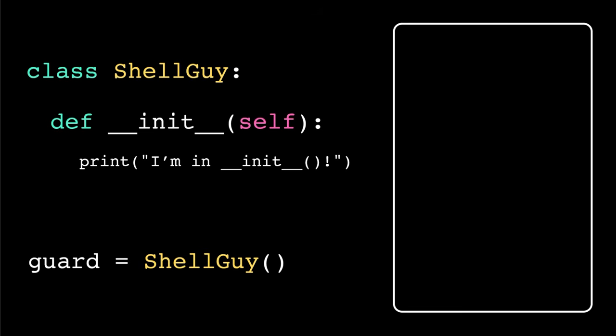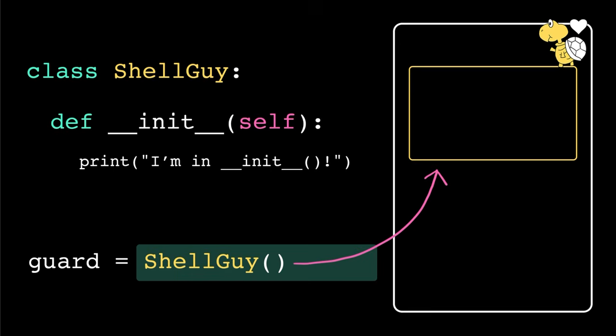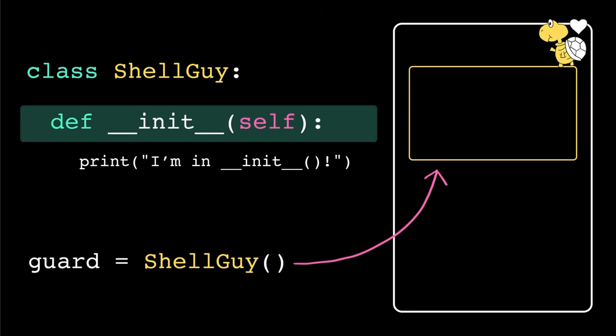Since we're in the middle of creating the object, we don't have a variable that stores it yet. There is no guard that we can pass in. So Python handles that plumbing for us and passes in the object it's currently initializing, meaning that empty shell guy it just created. By convention, we name this first parameter self, as in me, myself, the object we're acting on.